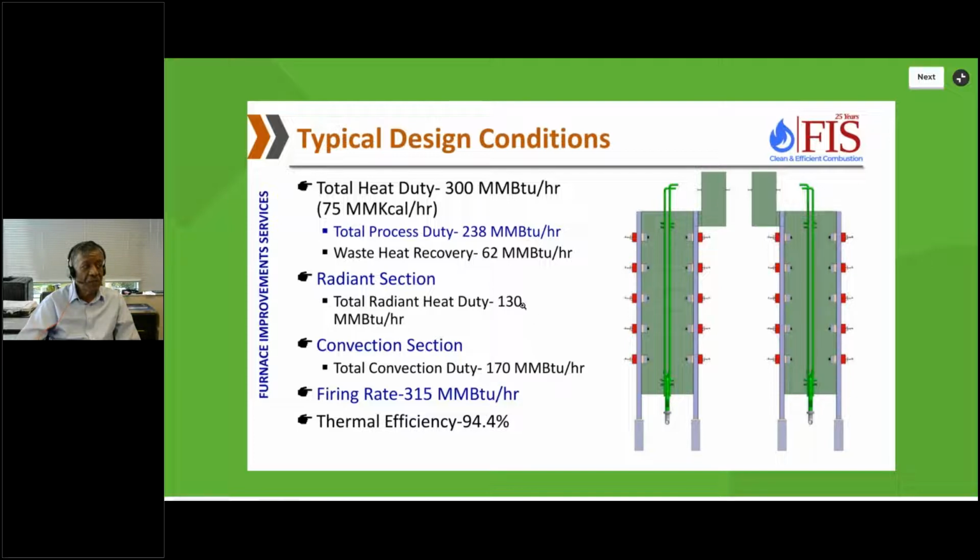So you can see about 42, 43% is the radiant duty in the radiant section, and the rest is in the convection section. So the convection section is bigger actually, it's 170 million BTUs, radiant is 130. Firing rate is about 315, and the efficiency you can see is almost 94, 95%. So very, very good efficiency is typical in cracking heaters.